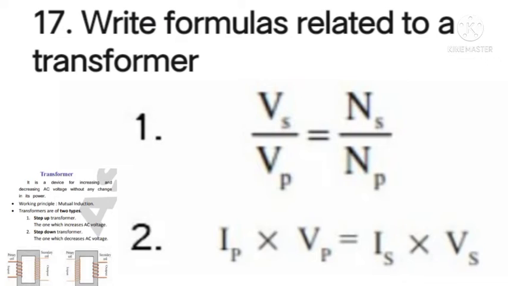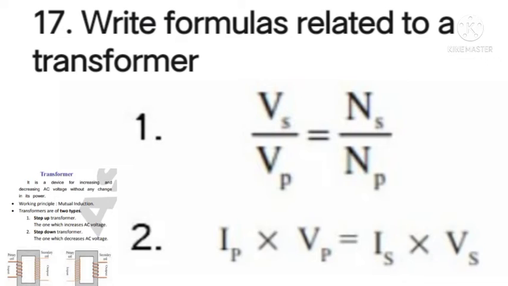Likewise, we can calculate the current using the equation Ns by Np is equal to Ip by Is. From this, we can see that Ns, Np and Is are given.